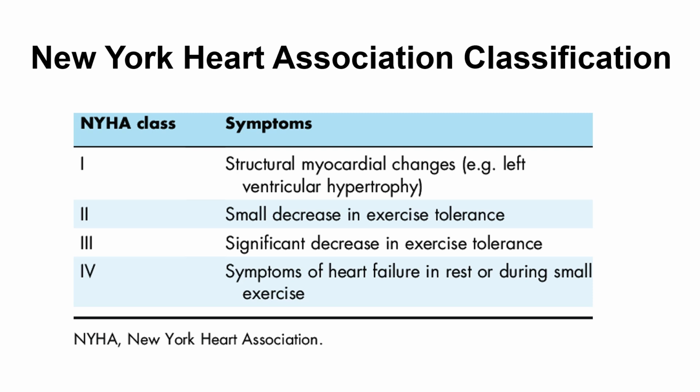So for class 1, we have structural myocardial changes. You'll need to see these in an X-ray, and you will have left ventricular hypertrophy, and maybe things like apex deviation. The apex moves more laterally, and with this movement, you'll be able to detect it via a stethoscope or palpation of the apex beat, the point of maximal impulse.